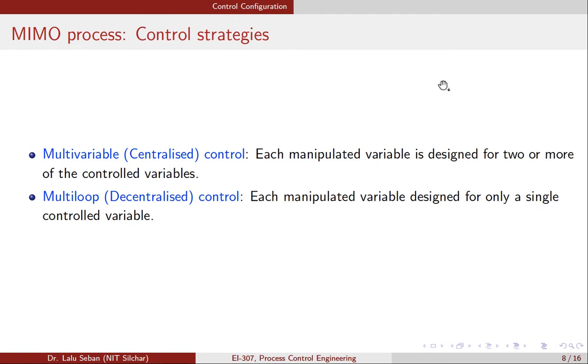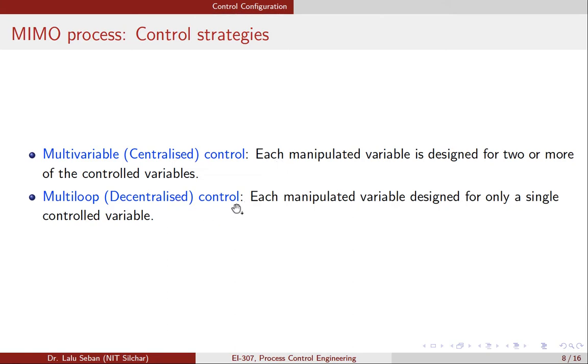Now coming back, we have seen there are two kinds of control strategy. One is the centralized or multivariable control strategy, and the second is decentralized or multi-loop control strategy. In centralized control, each manipulated variable is designed for two or more of the control variables. That means every manipulated variable will affect every control variable.